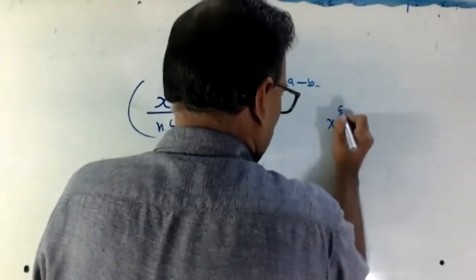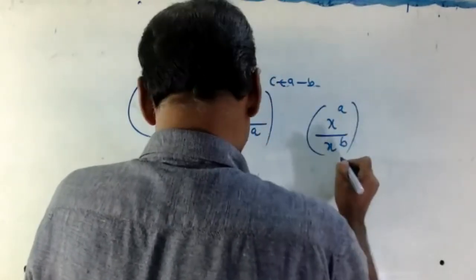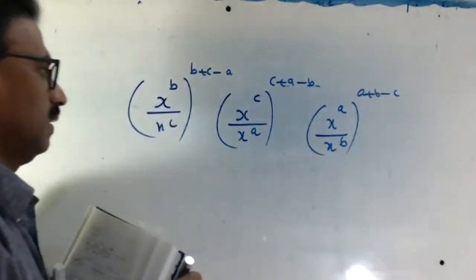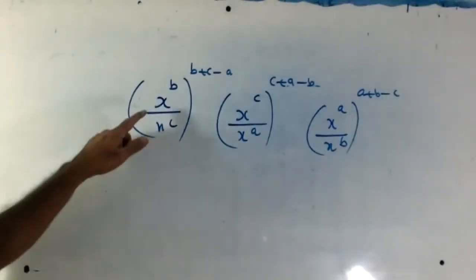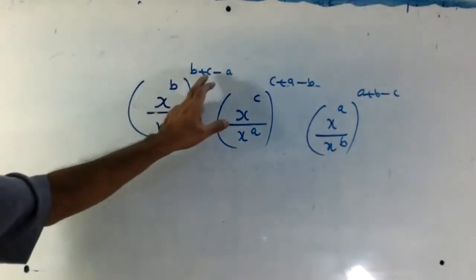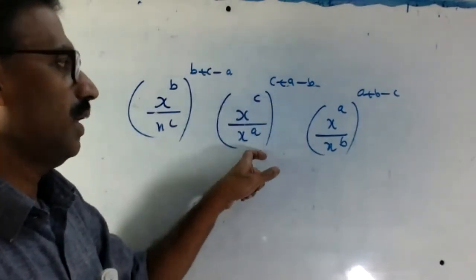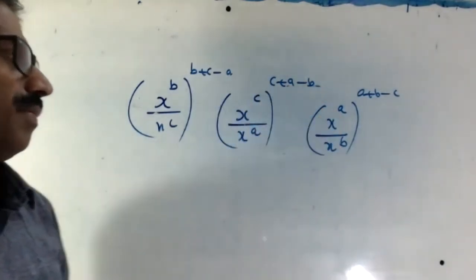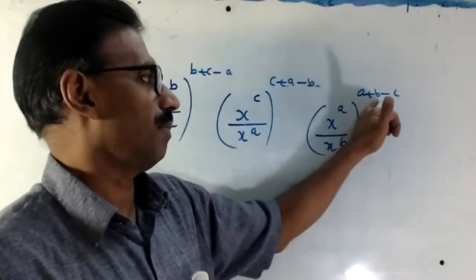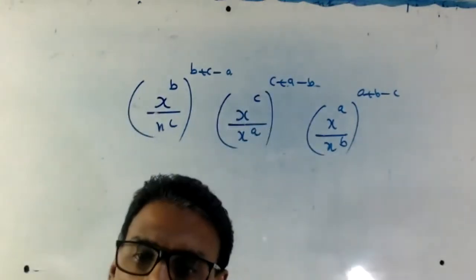Then x raised to a divided by x raised to b, whole raised to a plus b minus c. Okay, try now.